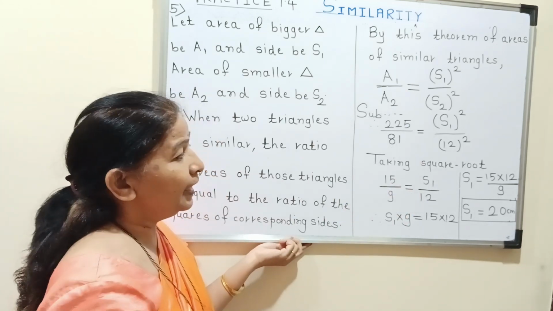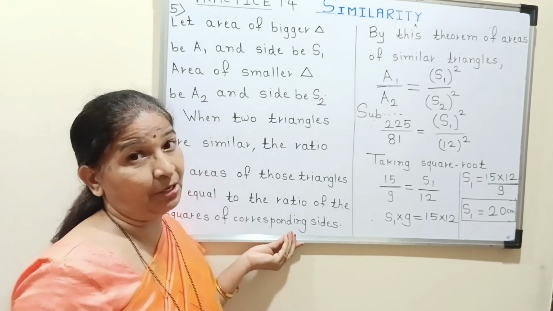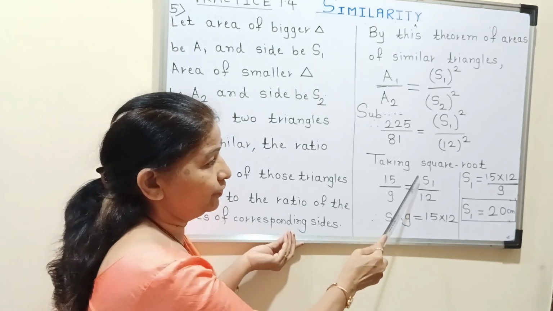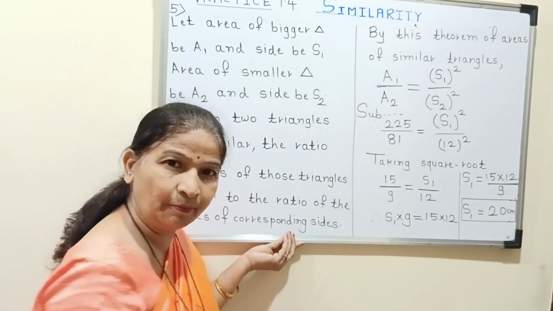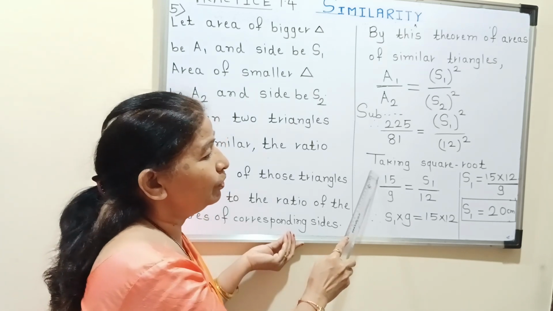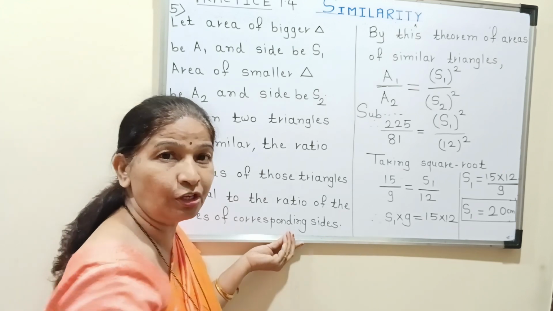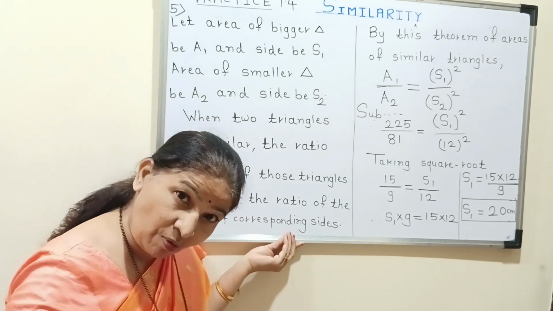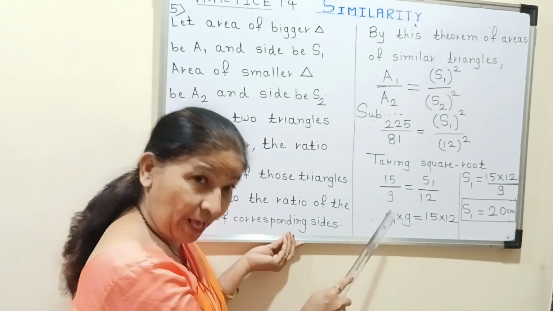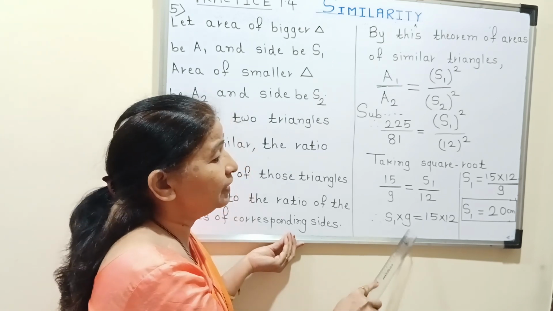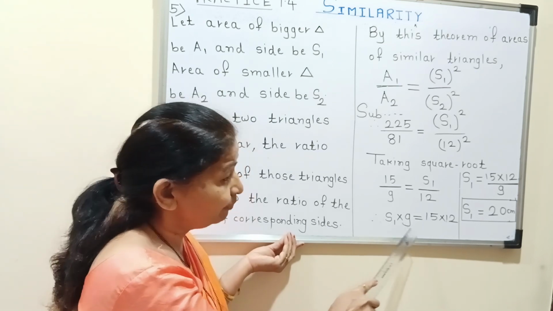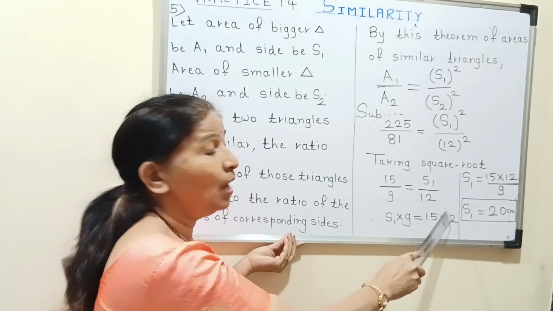Then I will take cross multiplication. So S1 into 9 is equal to 15 into 12. I took cross multiplication. Now I have to find out S1. So I will send this 9 which is in the LHS to the RHS.